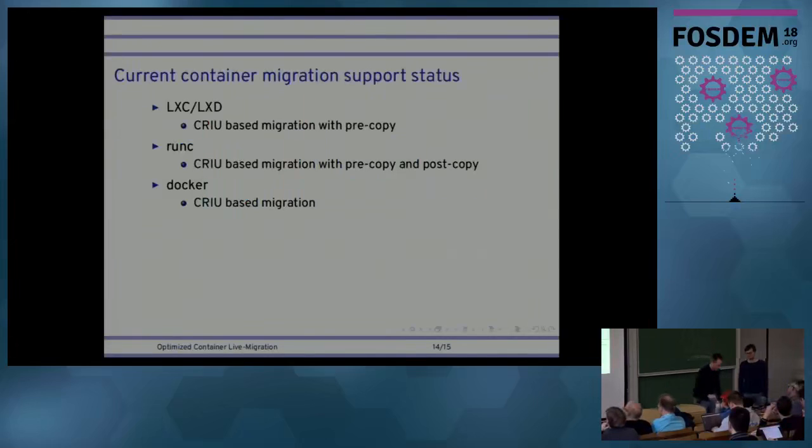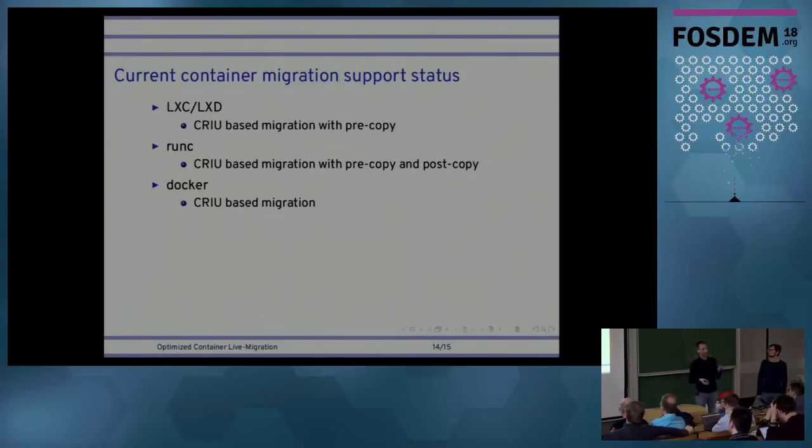And now, just an overview about the container runtimes. I have been working to understand how far they support container migration and optimized container migration. LXD now does pre-copy supported container migration.